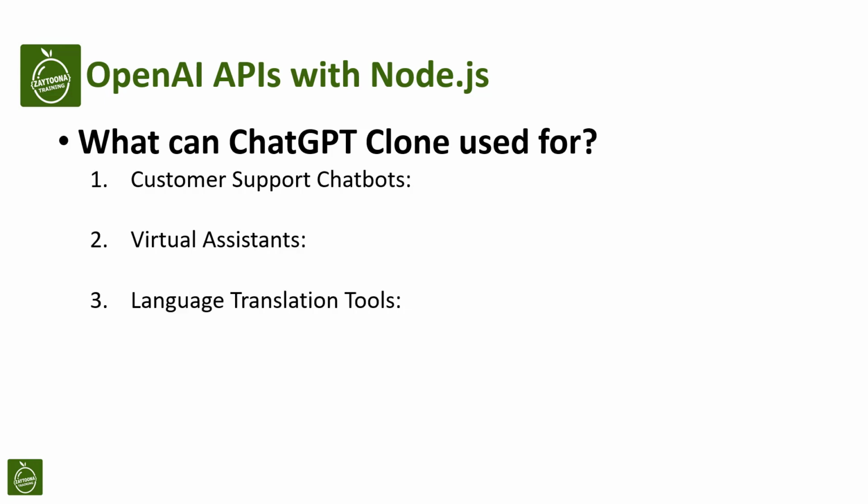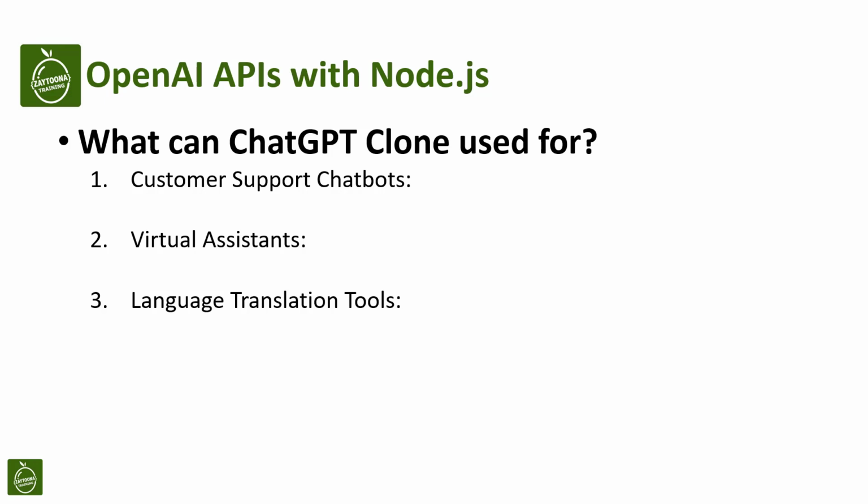Implementing ChatGPT Clone in customer support chatbots elevates the quality of user interactions by utilizing the powerful GPT 3.5 Turbo model. Chatbots can understand and respond to customer queries in a more human-like and personalized manner, leading to increased customer satisfaction and improved efficiency in issue resolution.